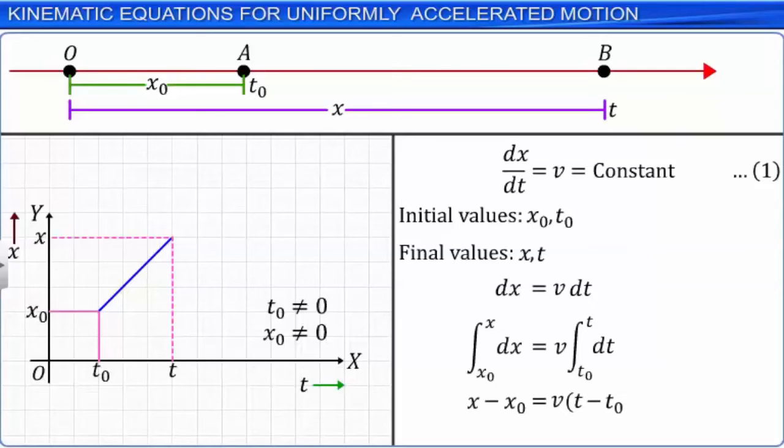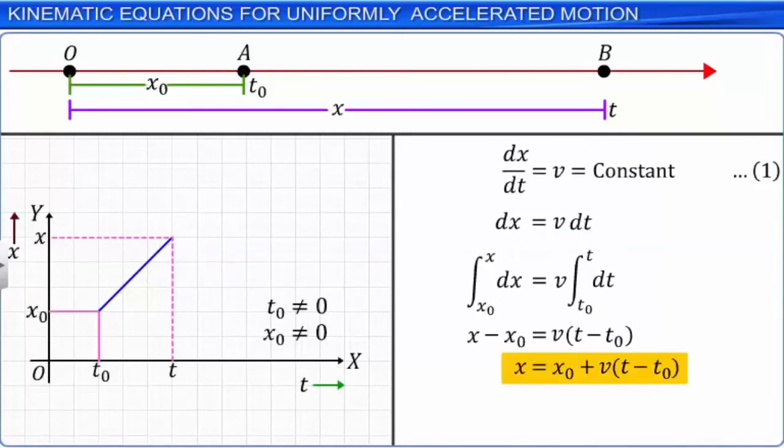On transposing, we get x equal to x0 plus v into t minus t0. This equation is used to obtain the position coordinate x of the body at any time t. This equation can be used when the values of x0 and t0 are both or either of them is equal to 0. In other words, the equation is applicable under all conditions.